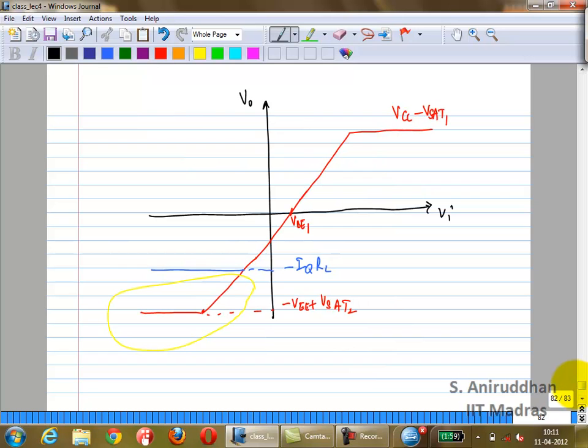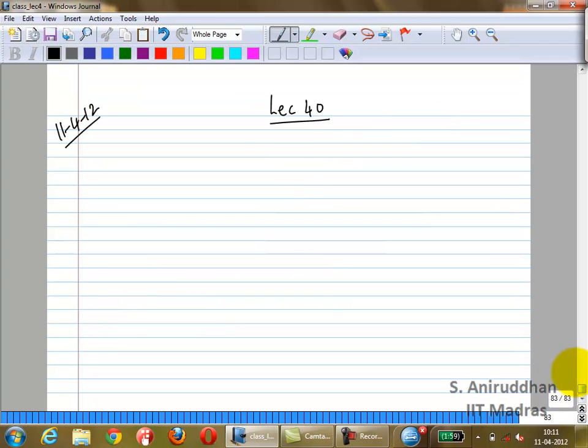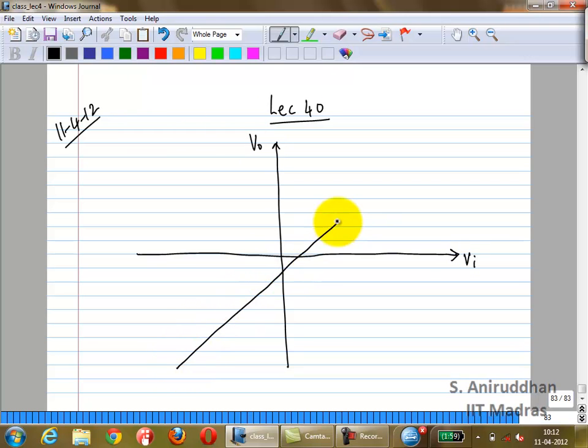So we started drawing the overall transfer characteristic, so we'll complete it today. So let us say we start off with the upper end, there's no problem.